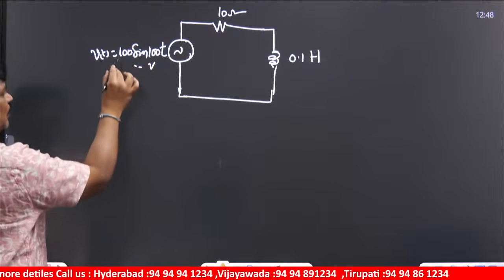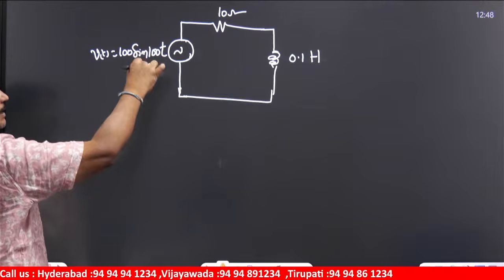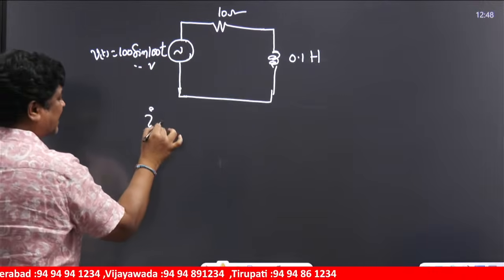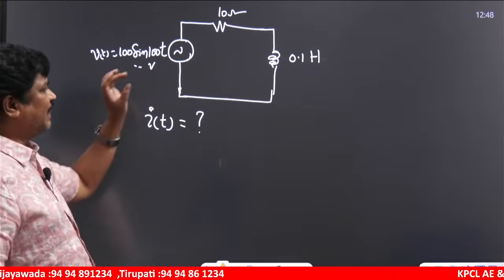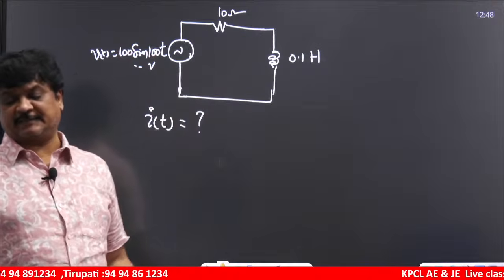V of t is equal to 100 sin 100 t volts. What is the current I of t equation? This is the important question. Very important model it is.